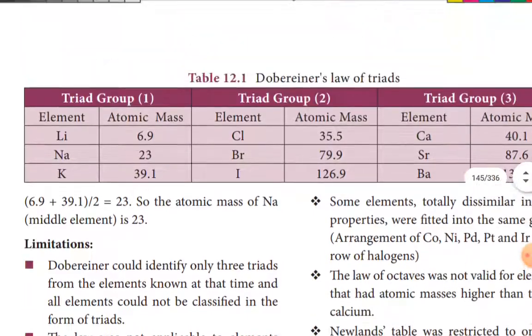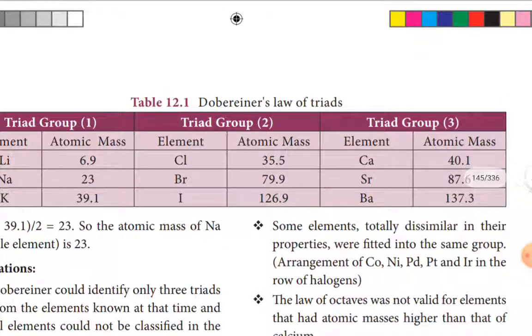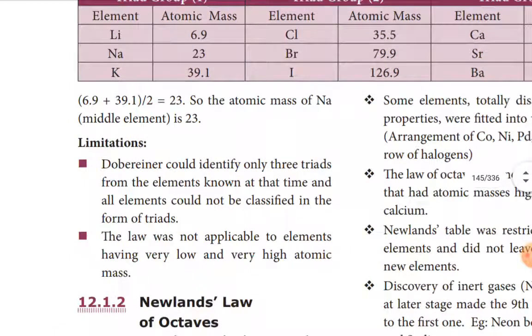See in table 12.1, only 3 groups are given: triad group 1, triad group 2, triad group 3. Only 3 groups he identified, and all the elements could not be classified. So Dobereiner failed to arrange all the elements in groups of 3. This is one of the limitations.